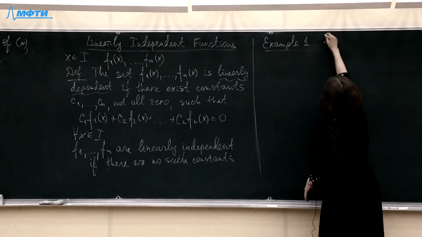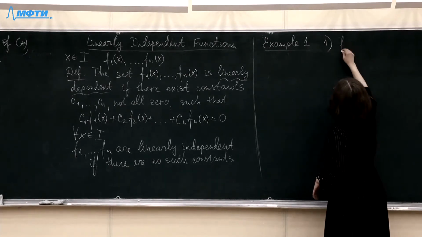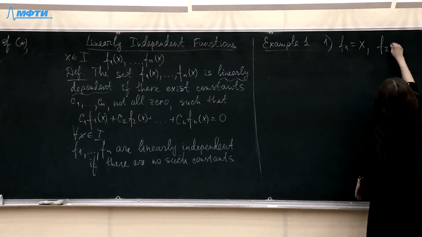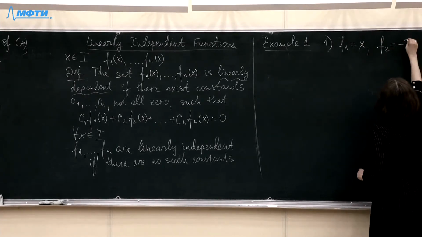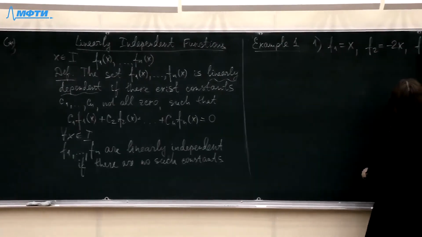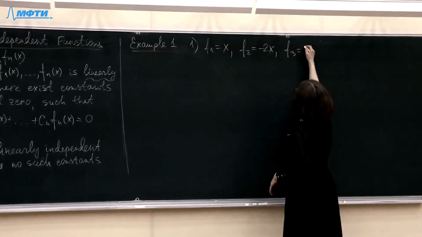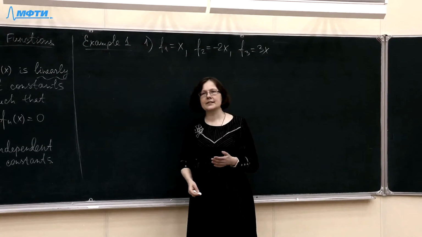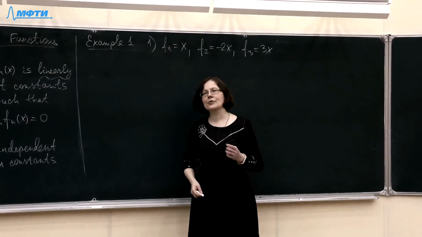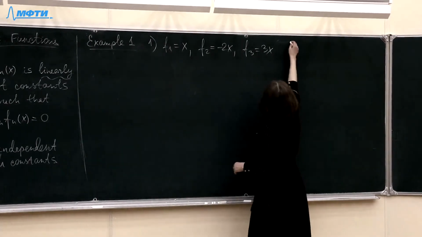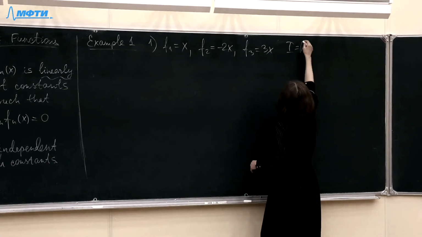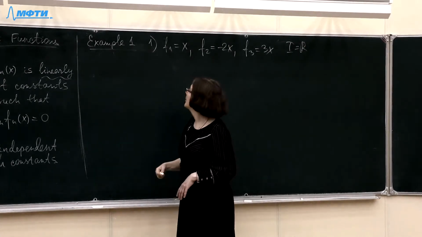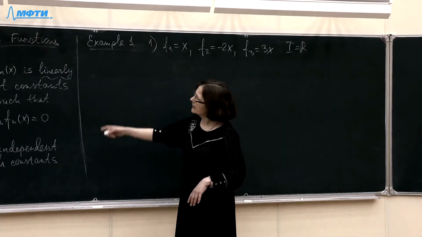Let's consider the following functions. F1 equals, let it be x. F2 is minus 2x. F3 is, let it be 3x. And let's check whether these functions are linearly dependent or independent. So we can consider the entire real line for I. Okay, let's use the definition.